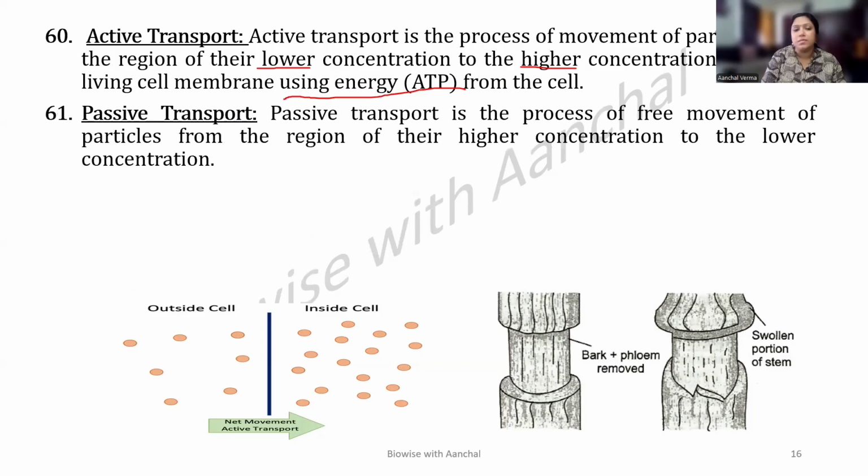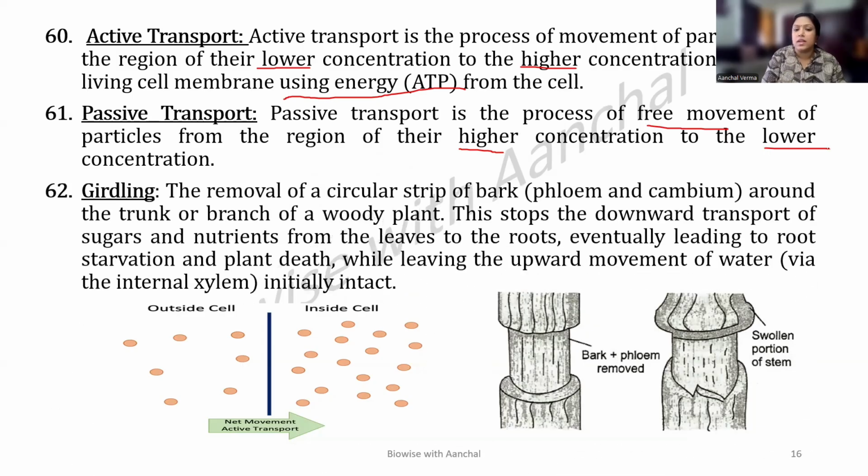Passive transport is a process of free movement of molecules. Here energy is not required. It is from the region of their higher concentration to the region of their lower concentration. You can see here the net movement in the active transport. Here the cells are less, here the cells are more. So generally for passive transport, this will happen, but in case of active transport, this happens, and here you have the expenditure of energy.